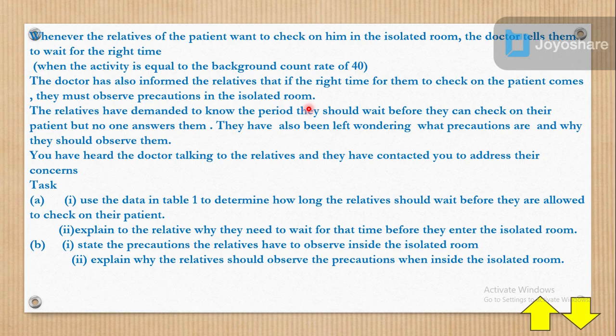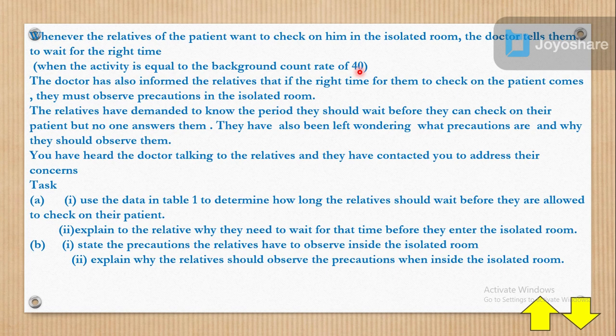What do we mean by the background count rate? It means that when radiations are off, how does the monitor read? When radiations are off, this machine shows 40. The count rate is 40, meaning that it gives 40 counts per second.